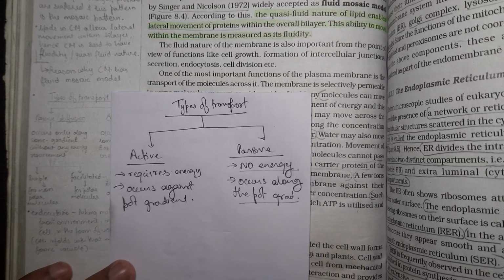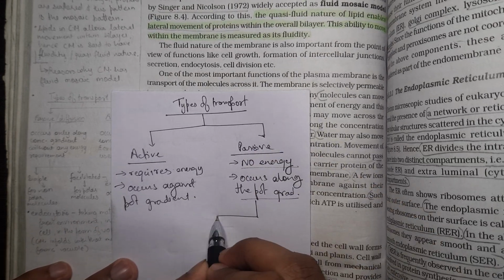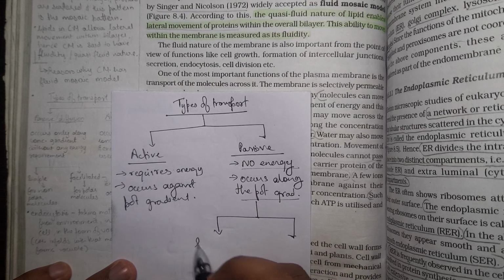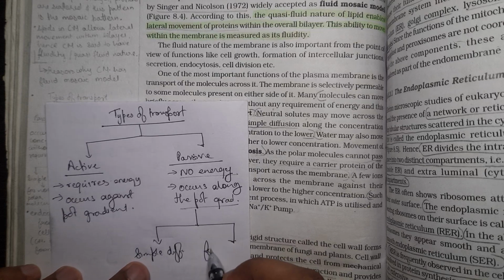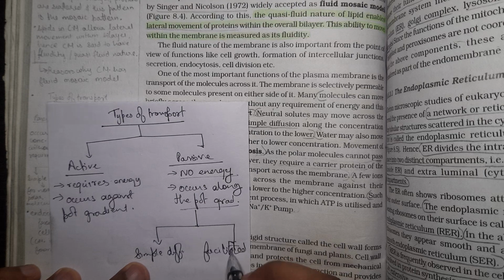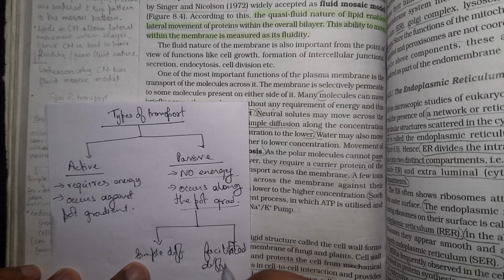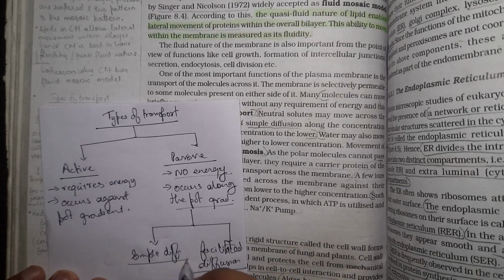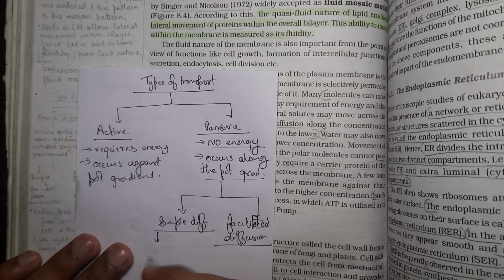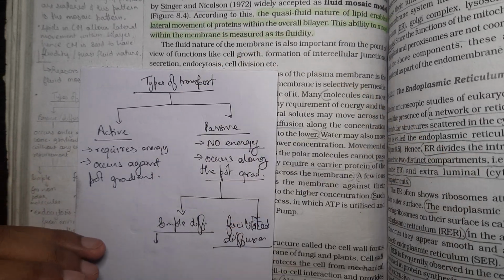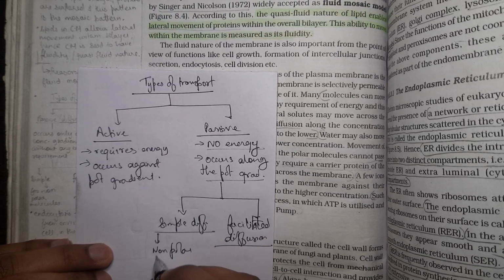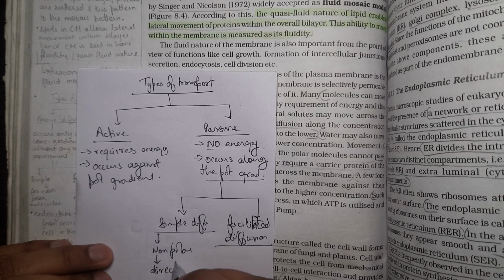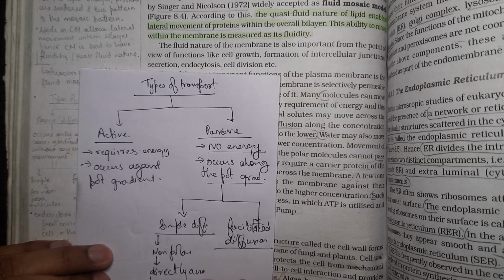Then you can further divide passive transport into two types: simple diffusion, and facilitated diffusion. So what is simple diffusion? Simple diffusion is the passive transport of non-polar compounds, and it occurs directly across the plasma membrane.